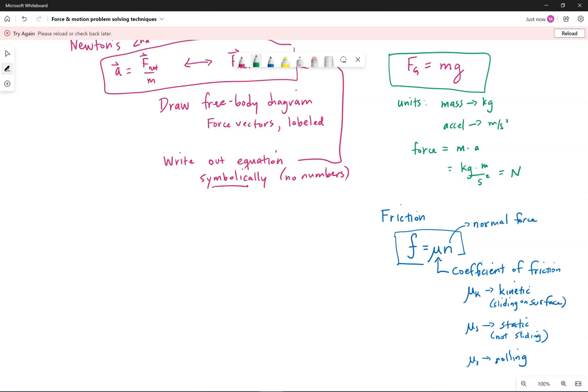In any given problem, kinetic friction will be constant as long as the surfaces, so the object's surface in contact with the table, the floor, a wall, whatever it is in contact with, as long as it's the same materials, then that coefficient of friction will stay constant. The normal force, as long as we're not changing directions at all, will stay constant. So the force of kinetic friction is constant.